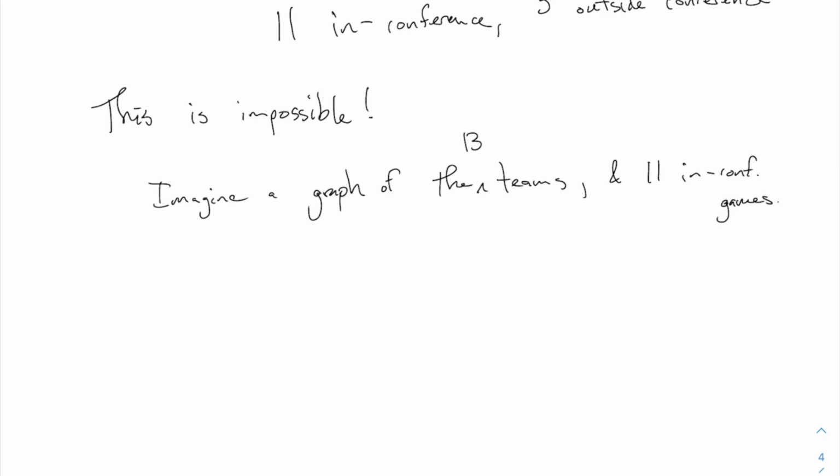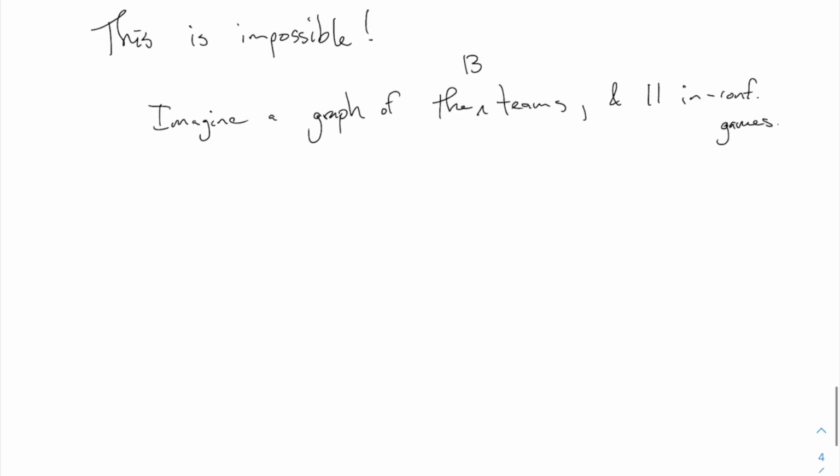So, for example, you're going to have in your graph 13 different vertices, right? Each one will be a team. Let's say one of them is the Patriots. I've heard of them. And then they would be connected up to all the other teams which they play a game against, which is not everybody because they're only playing 11 games. All right? So can anybody say how many edges will there be coming out of this one here?